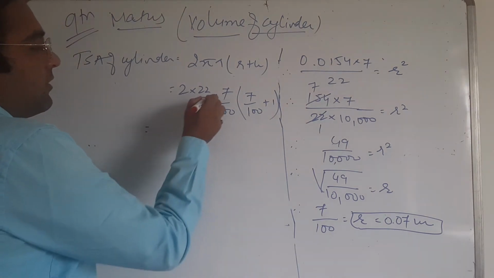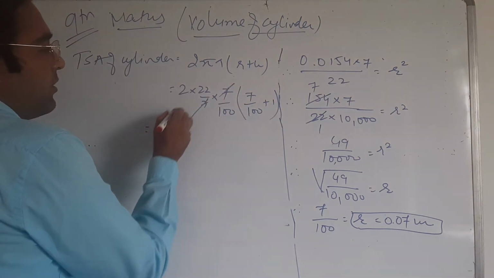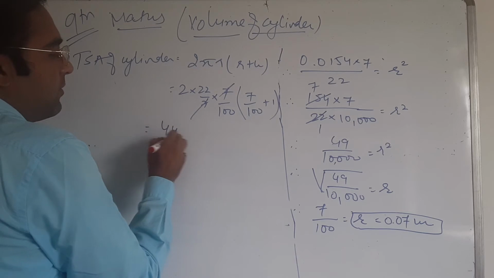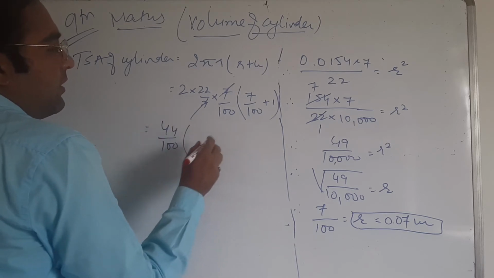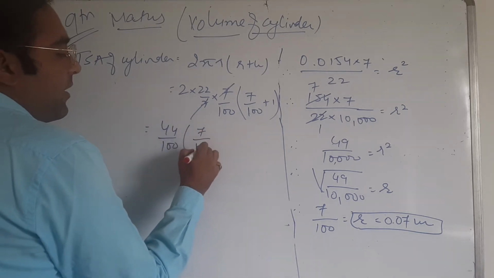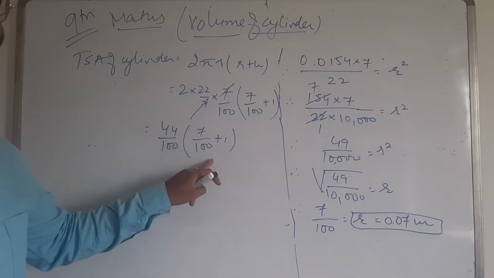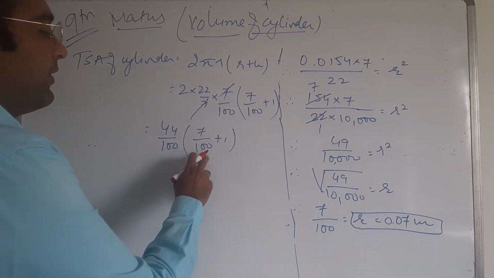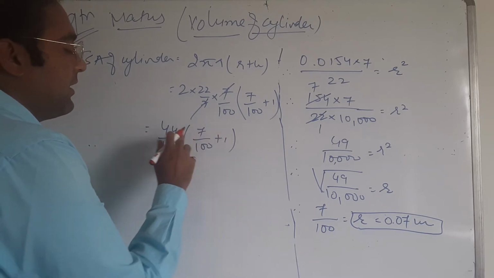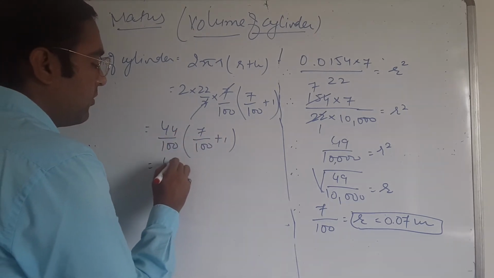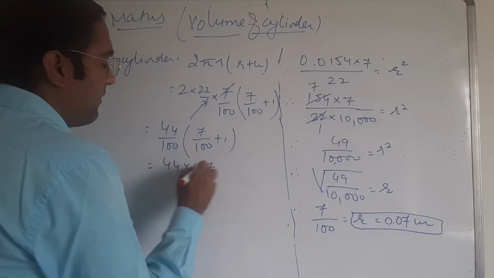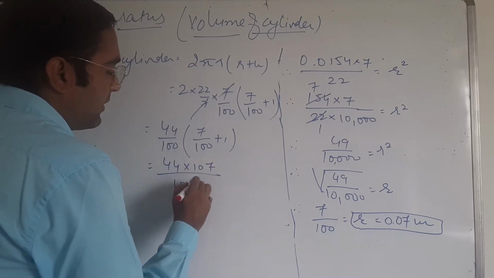So the 7s cancel out, so 22 twos are 44 by 100 in bracket 7 upon 100 plus 1. Now here we have to take the LCM. So 100 ones are 100, 100 plus 7 is 107. So 44 into 107 upon 10,000.